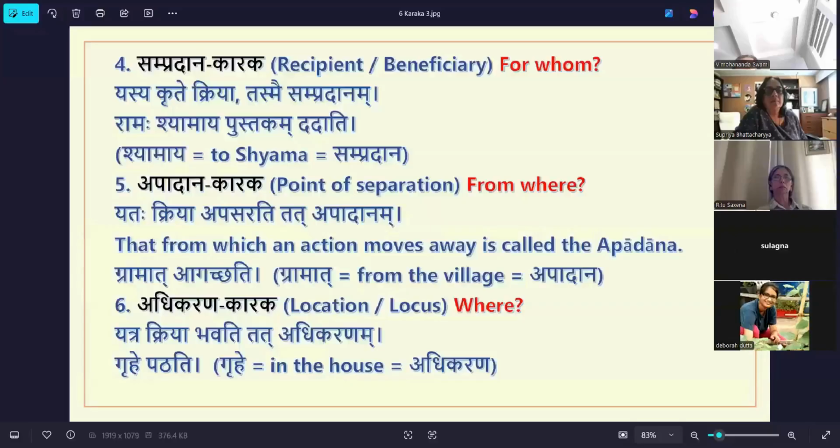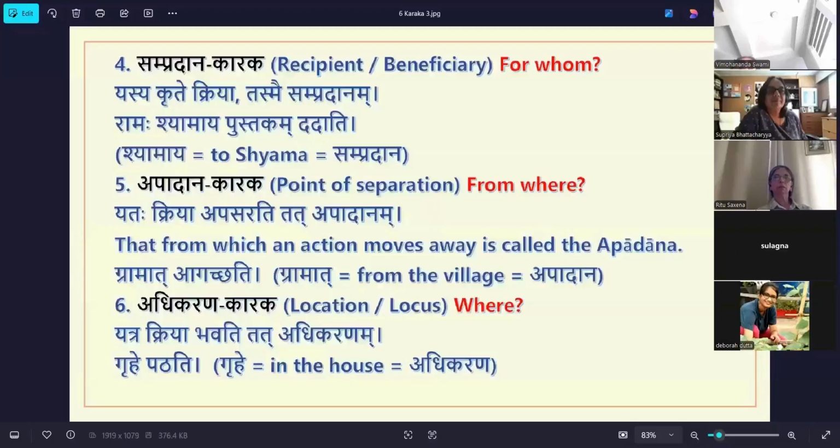Nara Naro Nara Naram Naro Nara Narena Narabhyam Nai Naraya. Shamaya. So Shivaya Namah. After learning Sanskrit, then I knew why do we say Shivaya Namah? Why don't we say Shivam Namah?